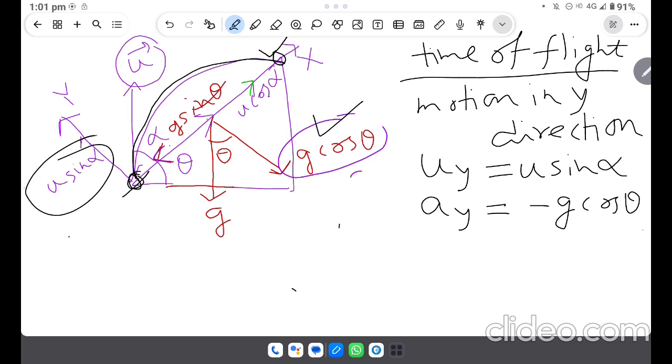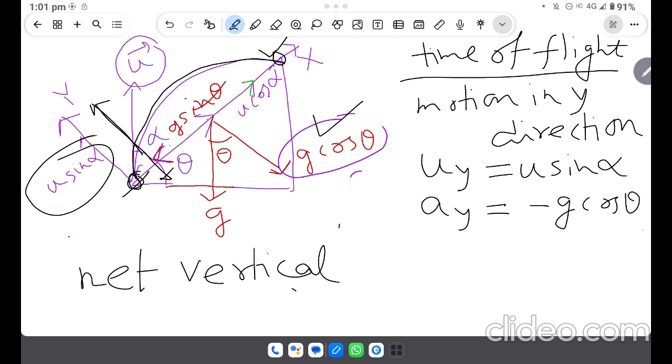Now if we consider the y-axis, what should be the net vertical displacement? That should be 0, because both the initial point and the final point are on the same plane.